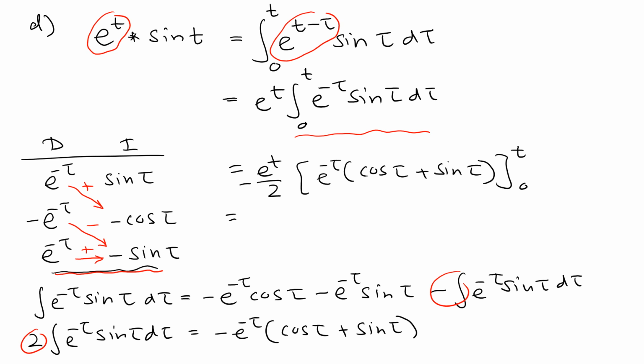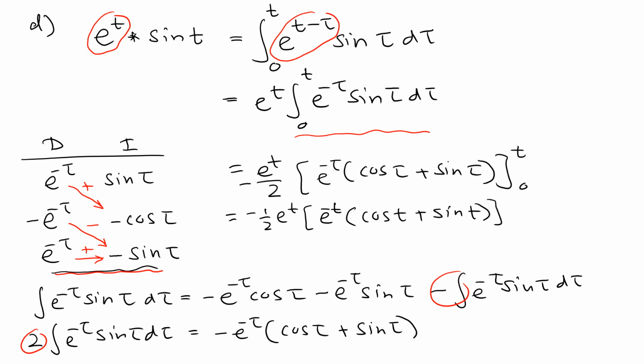So when you plug in the value t, you get this. So you get -1/2 e to the t. So when you plug in t, you get e to the negative t, and then cosine t plus sine t.